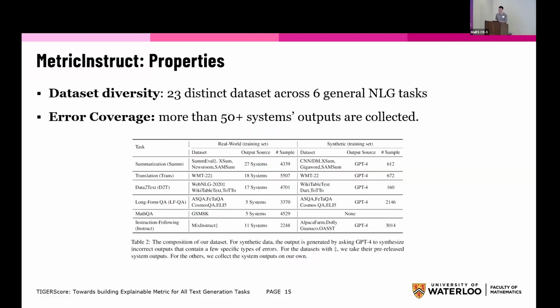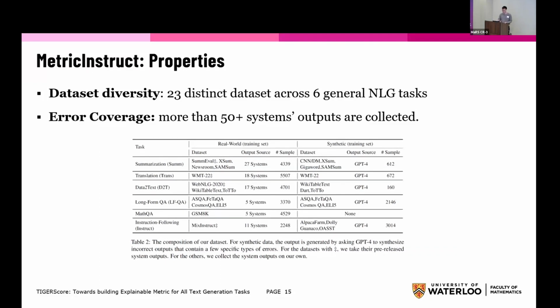So MetricInstruct actually has some properties. The first one is dataset diversity. Basically, we have created 5 to 6 datasets for each task. In total, we have 23 distinct datasets across 6 general NLP tasks. And we also cover a broad category of errors, as more than 50 system outputs are collected.